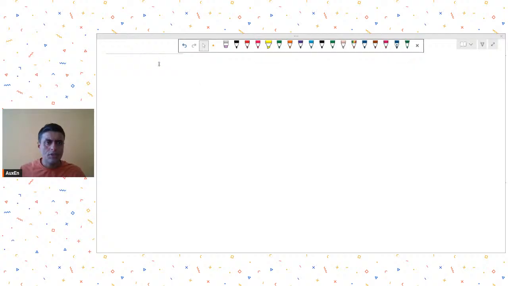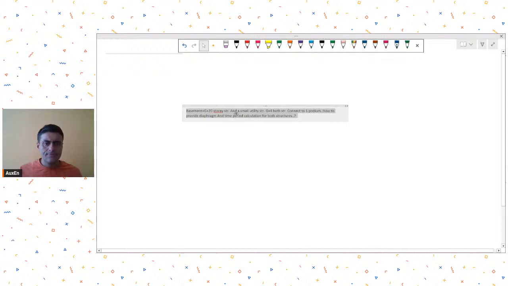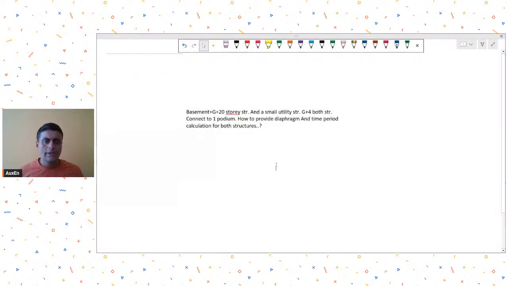Basement G plus 20 story, and so I think he has two structures, a G plus 20 story structure and a small utility structure, G plus 4, both connected at a podium level. So he's saying that he has a 20-story structure like this. Okay.